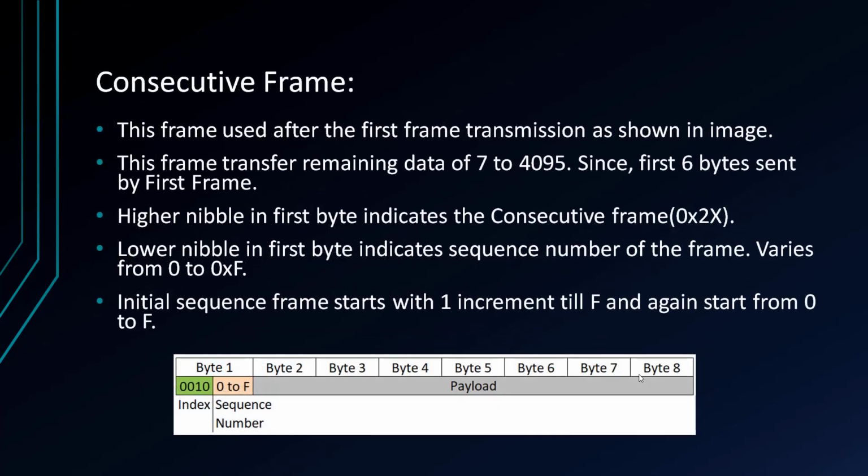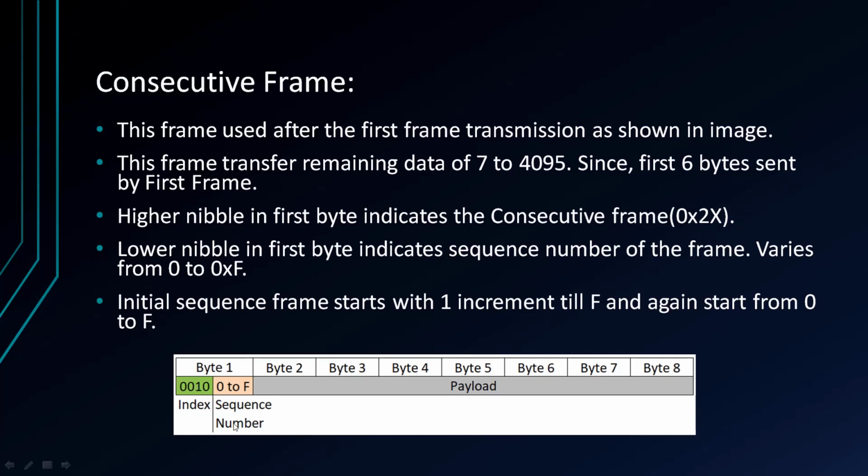This is a consecutive frame. A consecutive frame comes after the first frame. The first frame specifies the length and the first 6 bytes. The remaining data we need to send through consecutive frames, up to 4095 bytes. It is differentiated with the index 2 and the sequence number.